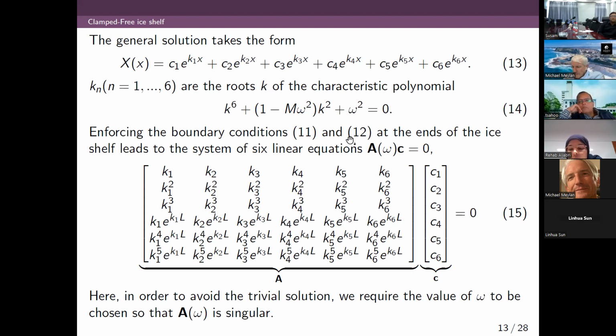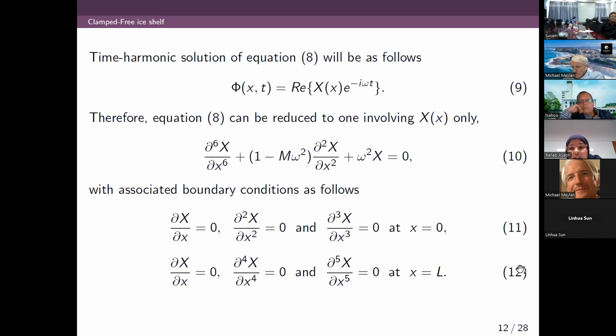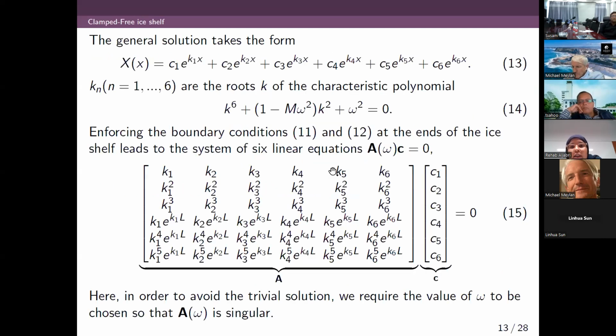So now we're enforcing the boundary conditions, which are 11 and 12, on the solution, and we will end up with a matrix of 6 linear equations as we see here. In order to avoid the trivial solution, we need the determinant to be equal to 0, or another way to say it is we need the matrix A to be singular.